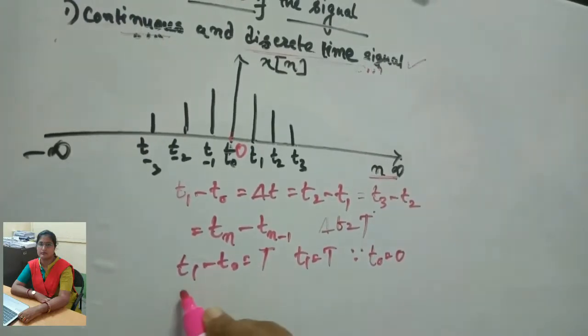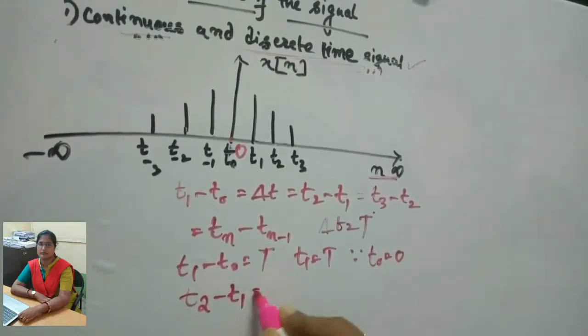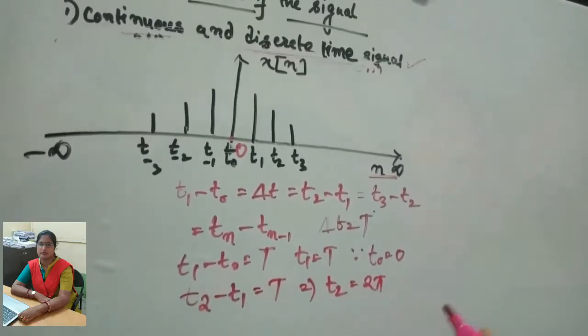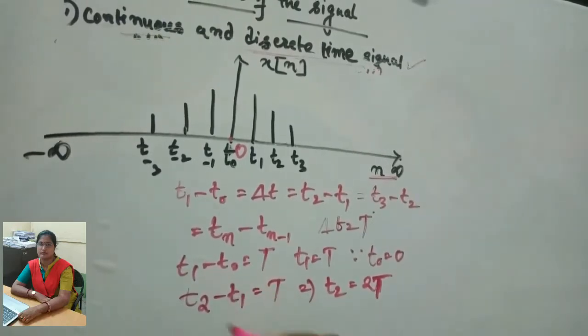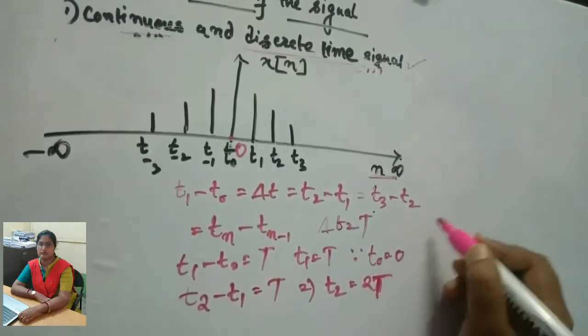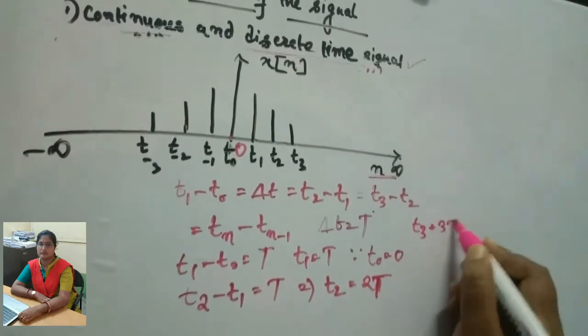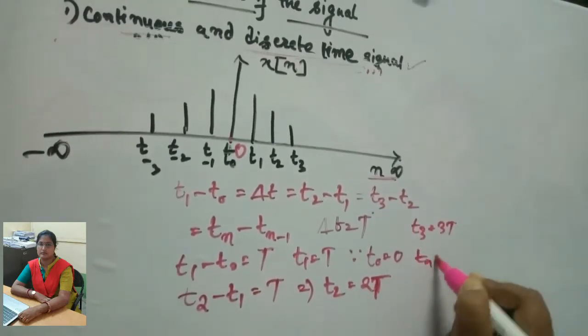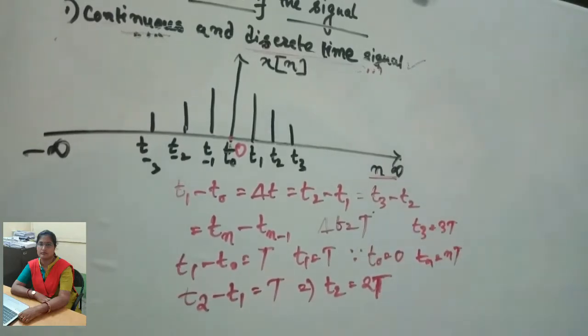Likewise, t2 minus t1 is also T. Hence, t2 equals 2T. You can see that t1 equals T, so by replacing this T on the right hand side, we get the value t2 equals 2T. Similarly, t3 equals 3T, and in this way tn equals nT.